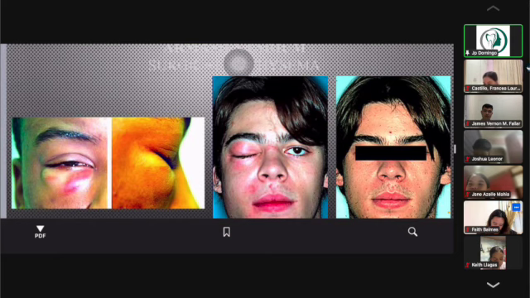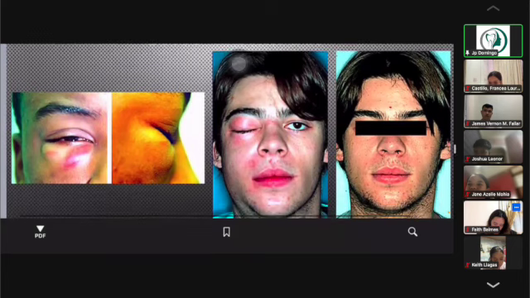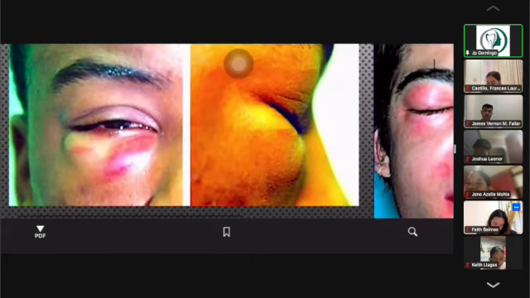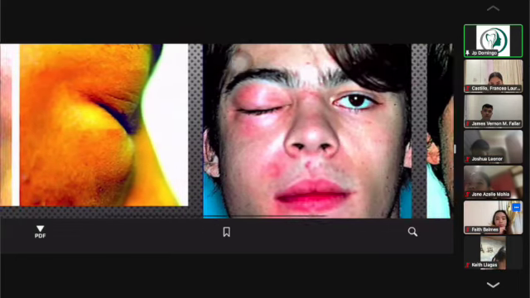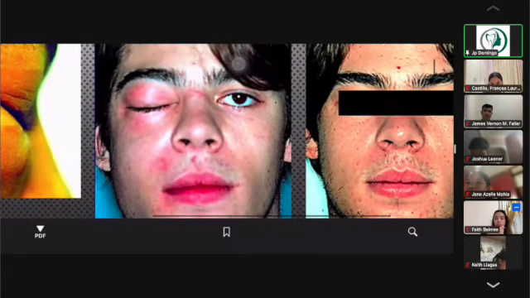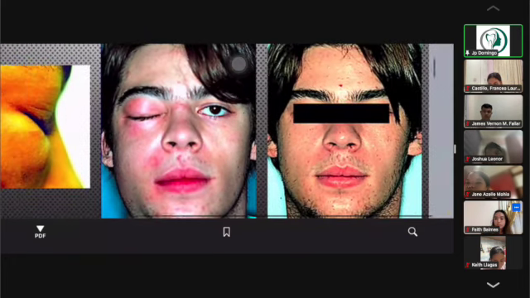So look now at the infraorbital area of our patient. That is a surgical emphysema below the eye. And at the center, that is only one patient on our right.